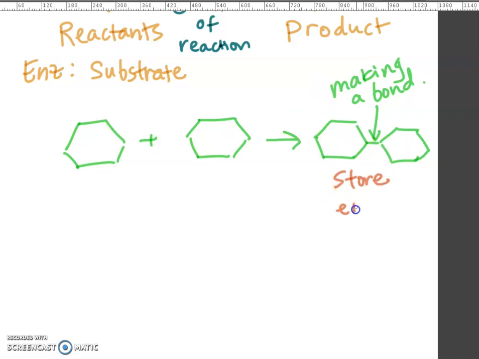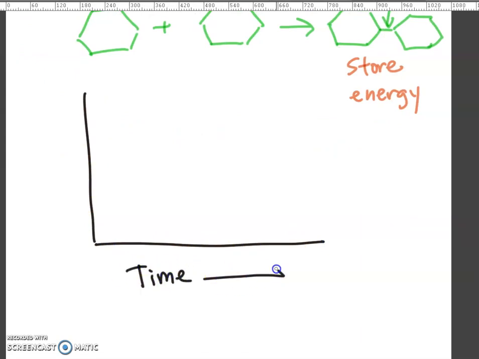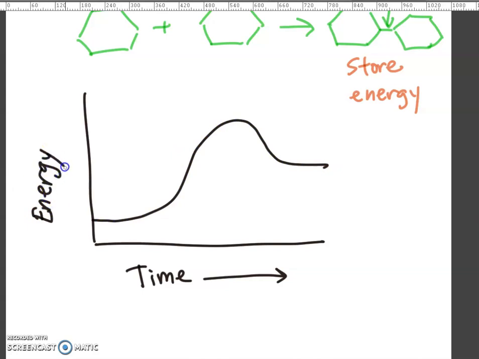So that means that to go the other way and break a bond would be to release energy. Why do I talk about energy? Because you can graph the reaction process. As time goes on, you may see something like this, where the y-axis is energy.